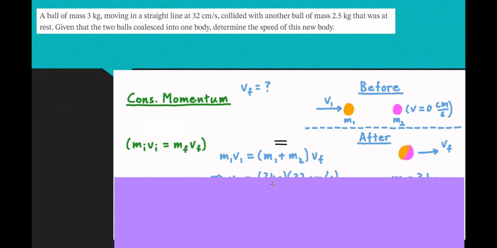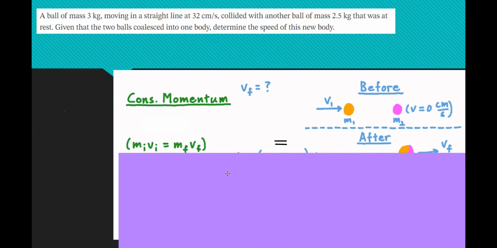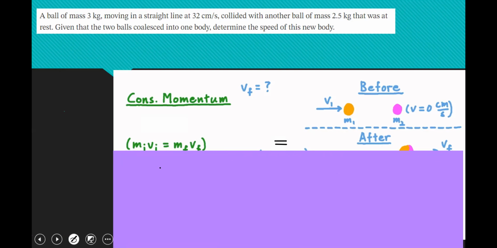So let's say we have m initial, v initial equals m final, v final. Now before collision, before momentum, what did we have?